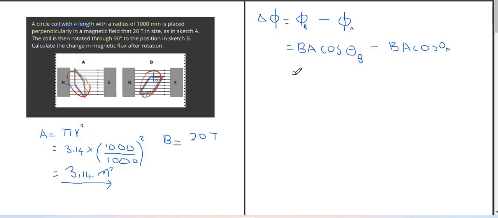So we have 20, and our area is 3,14, so we multiply by 3,14.